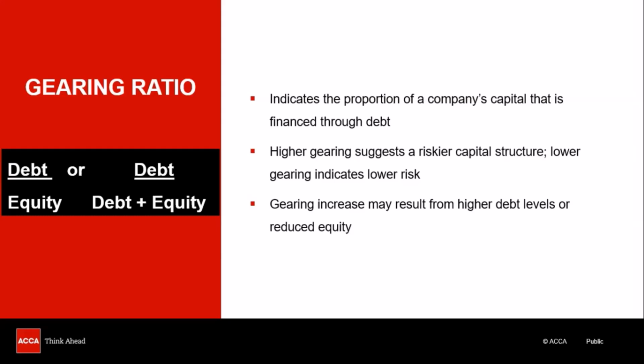Why is this ratio important? That's a very important part. Because it measures the overall proportion of debt to equity, it indicates to the shareholders the degree of risk attached to the company and the sensitivity of profits and dividends to changes in profitability and activity level. Why?